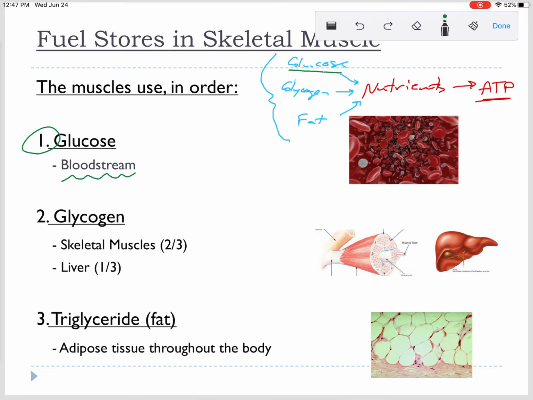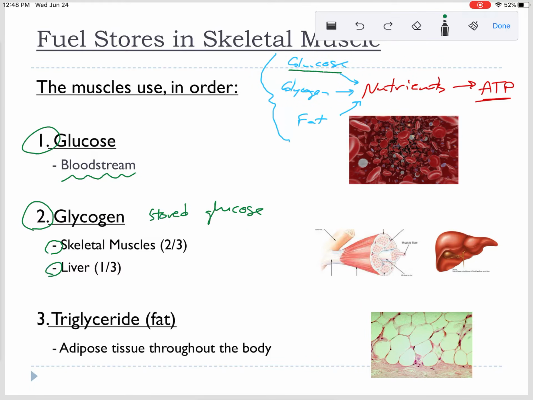Then, if those muscles keep crying out, need energy, I'm working out, need energy, that blood glucose may not be enough. So then, our muscle cells are going to be tapping into the glycogen, or the stored glucose. Remember, glycogen is stored glucose.